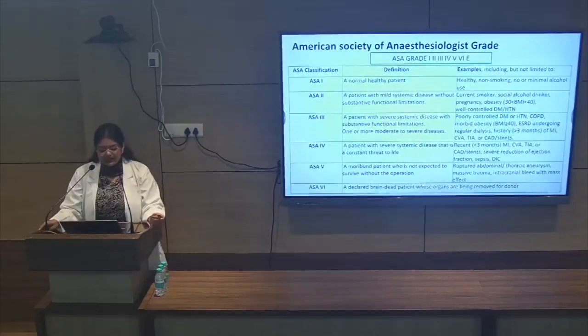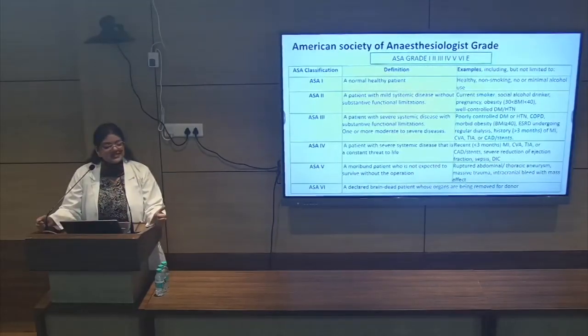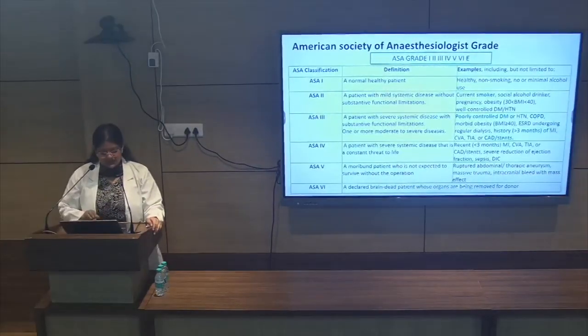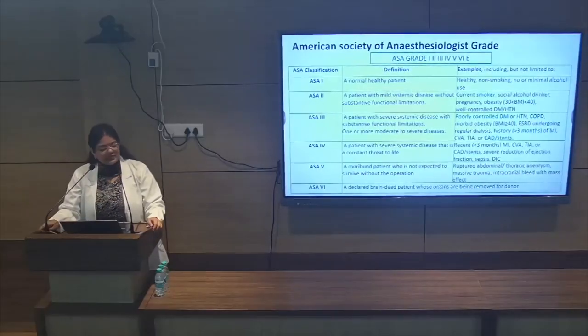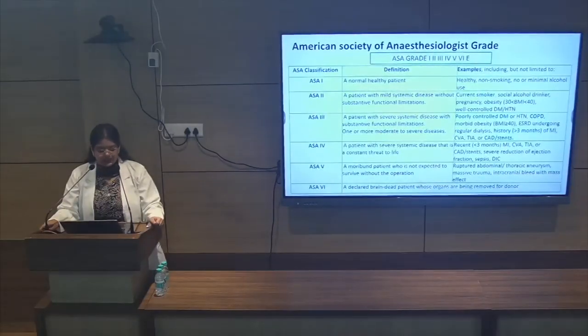Finally, we come to determining the American Society of Anesthesiologists' grade, which determines the overall physical status of the patient. It has 6 grades with an extended E for emergency procedures. Grade 1, a normal healthy patient. Grade 2, a patient with mild systemic disease without substantial functional limitation.